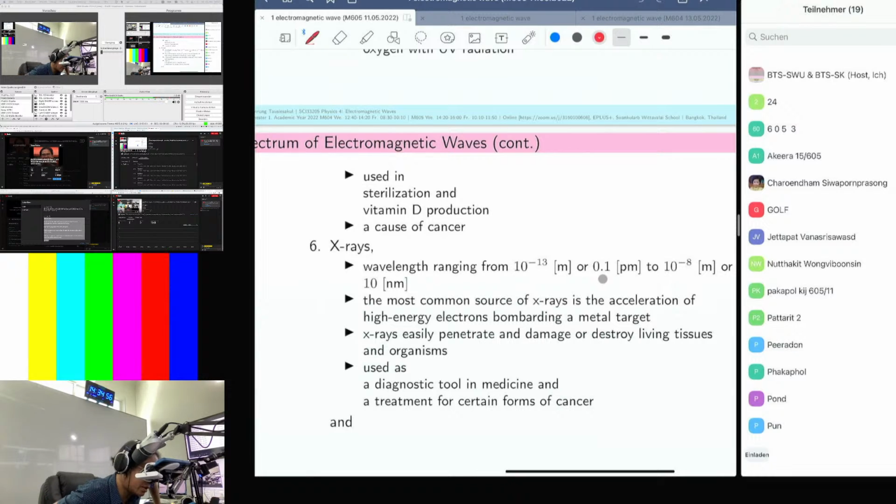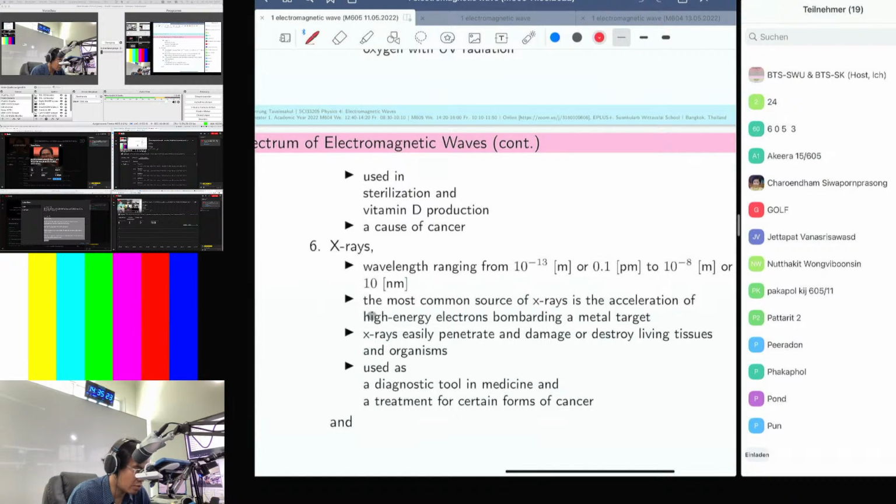You know, picometer is 10 to negative 12, right? So 0.1 means one more negative, so it's 10 to negative 13. And the next one is 10 to negative 8. It's called simply 10 nanometer.